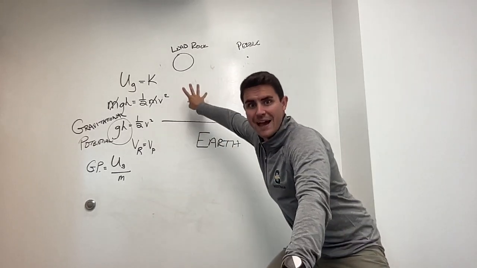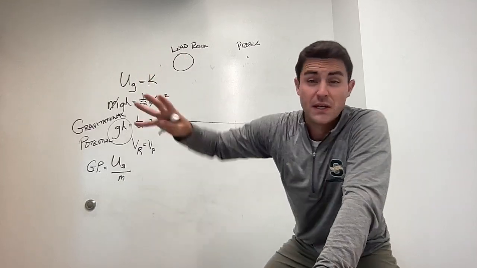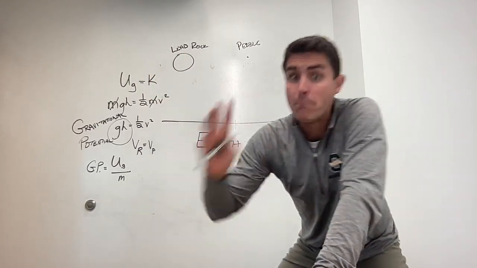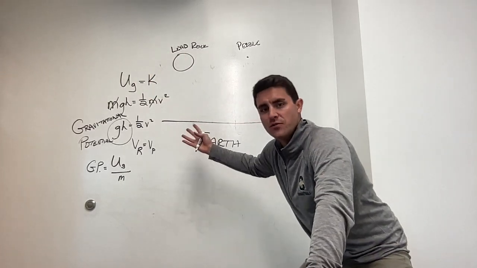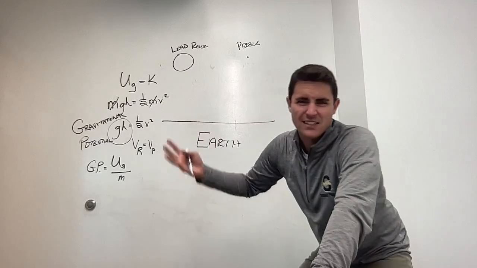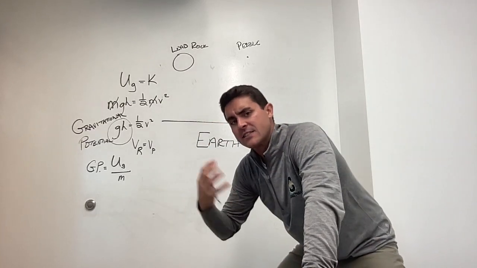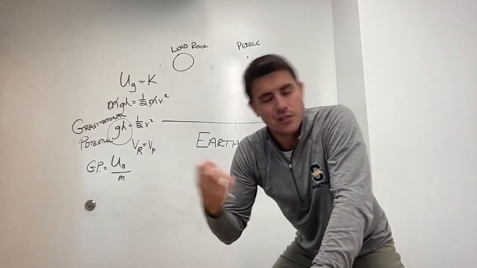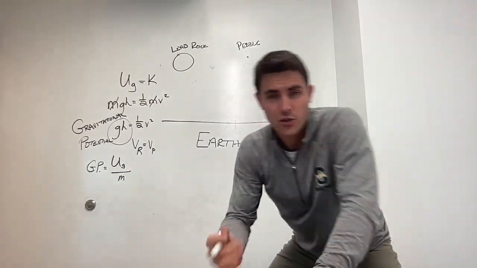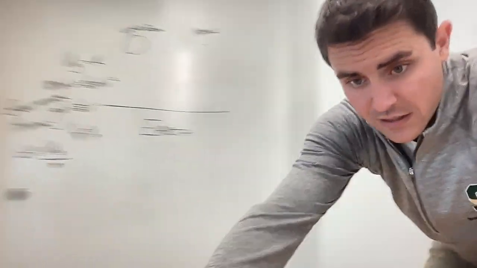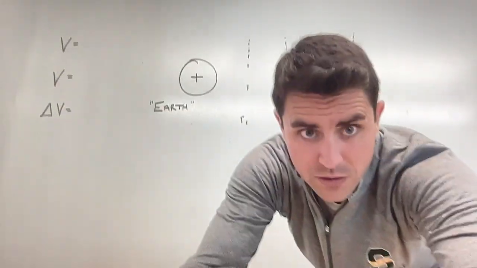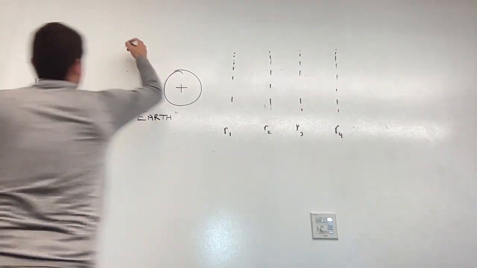The one with the larger mass has more gravitational potential energy, but both are within this field of the Earth. Both have the same gravitational potential. It's just that their mass affects the amount of energy that they have, the amount of work they're able to do.